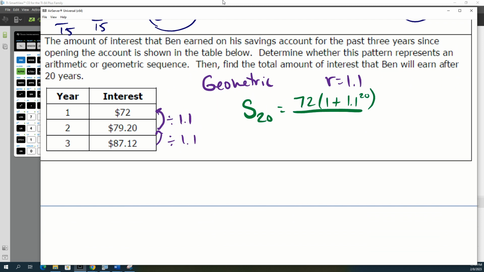That should not be a plus. All right, and then if you do alpha y equals and just type that in, that should be what you get. That's the total amount of interest for 20 years.